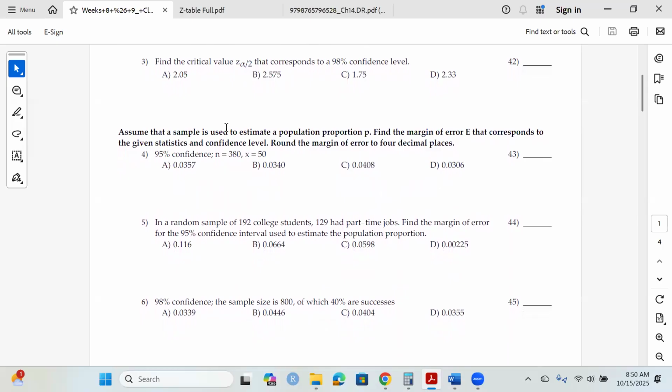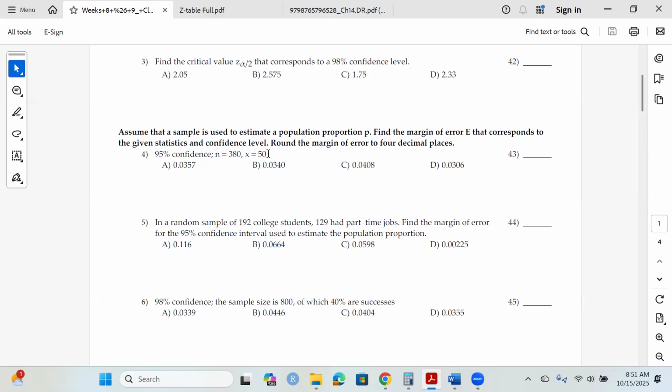This question wasn't written really well because you're wondering what x equals 50 means. This is some kind of number of successes, because when we're dealing with proportions, this is actually a normal approximation of a binomial. So more information should be given. So I say, okay, this is a normal approximation of binomial.